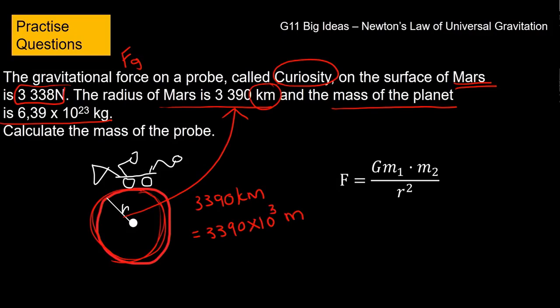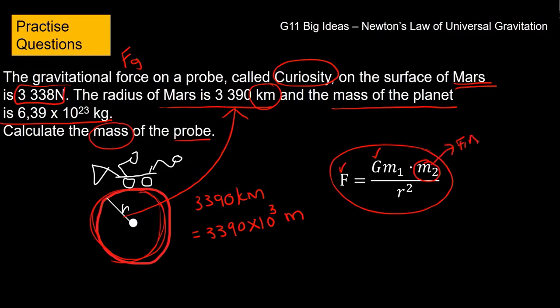I have Newton's law of universal gravitation here. So force, I know. G I know. M of the planet I do know. They are asking me to find the mass of the probe, Curiosity. So this is what I would need to find.